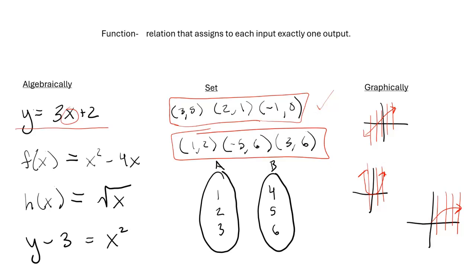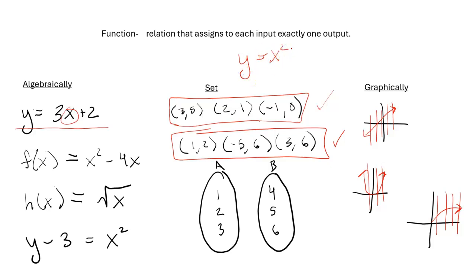This one is a little different. You'll notice that you'll see 6 twice. And this is actually still a function. This is okay because what's happening is I'm plugging in 2 different numbers and they're going to the same place. That is okay. Think about the function like y equals x squared.